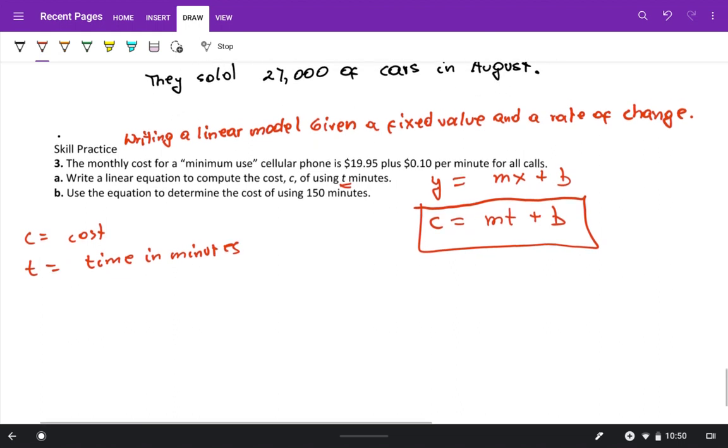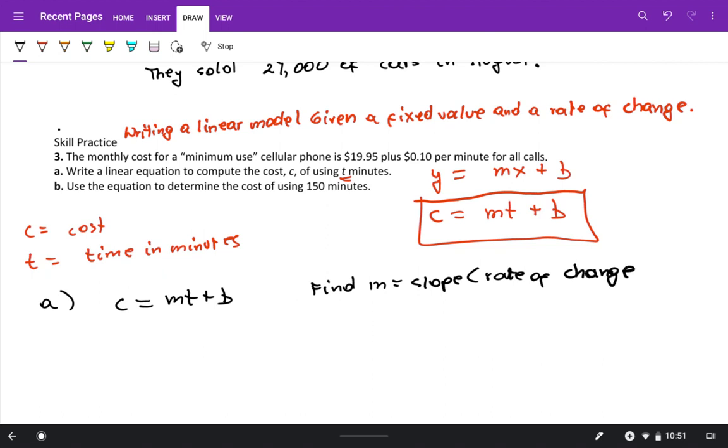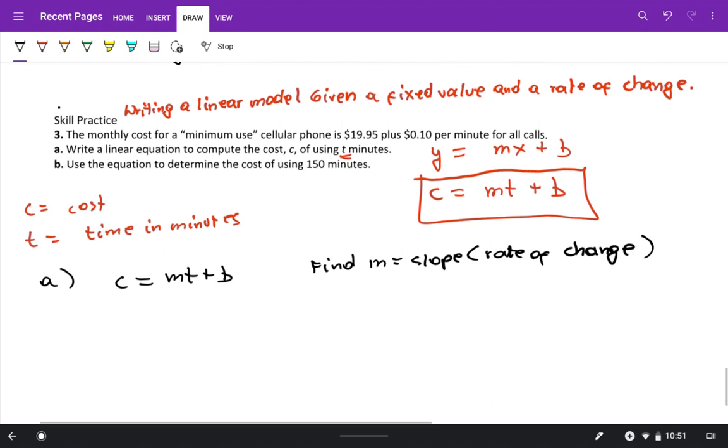Okay, so A, we need to create that equation. So we need to find m, which stands for slope, and the rate of change. So in our problem, m, our slope, will be 0.10 per minute.